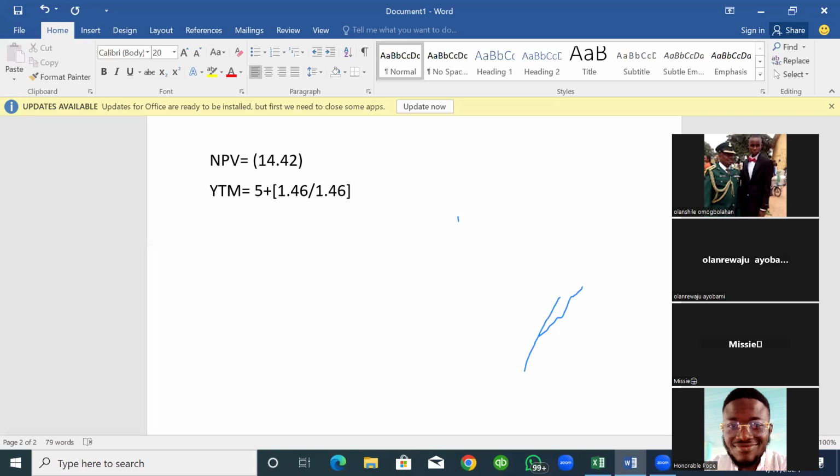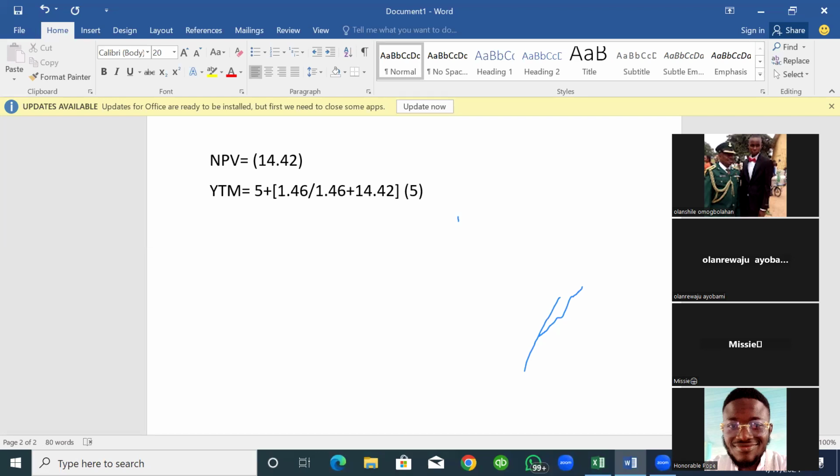I know that some people will be asking me plenty questions now: how would I get that figure? So 1.46 plus 14.42. But this is our, and then you now come outside this bracket and you can open another bracket and say 10 minus 5, that's 5.